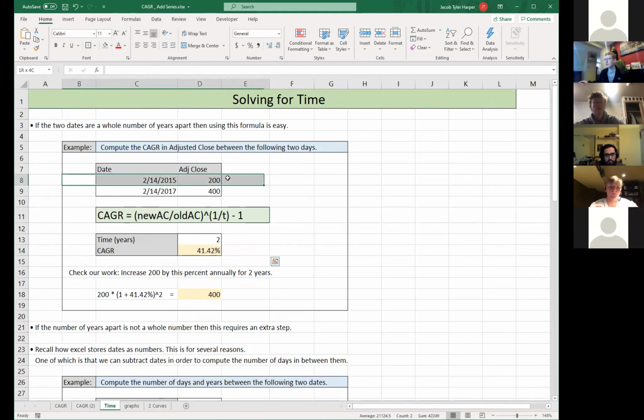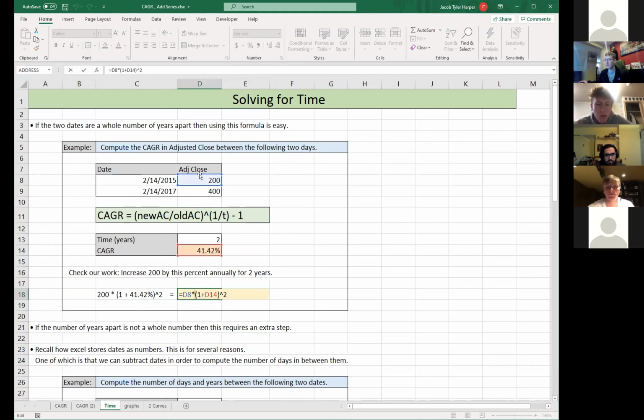So what that's saying is if I start at 200 and I grow by 41% each year, then 2 years later, I will stop at 400. And we can actually check that, right? By plugging it into that other formula right here.